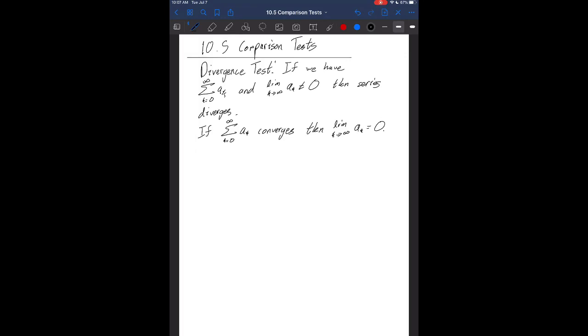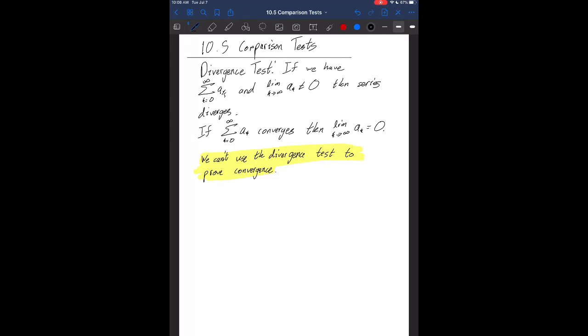Okay. So one very important thing to note for this divergence test is we can't use the divergence test to prove convergence. And this is very important, so I'm going to highlight it. Right, and with just the name itself, it makes sense that it is only able to prove divergence.